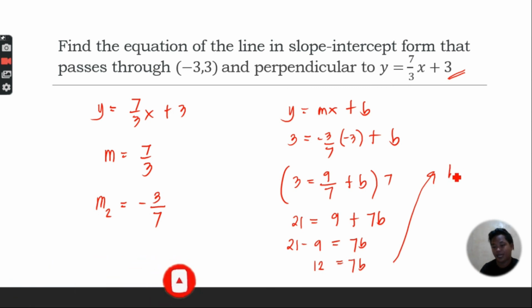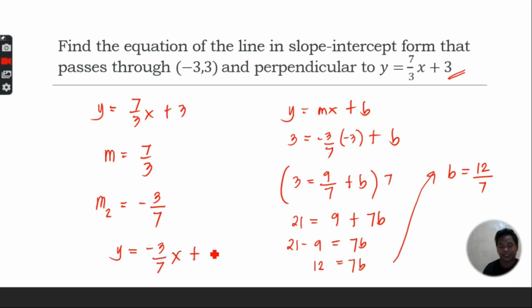Therefore, b is equal to 12 over 7. And our equation now is y is equal to negative 3 over 7x plus 12 over 7.